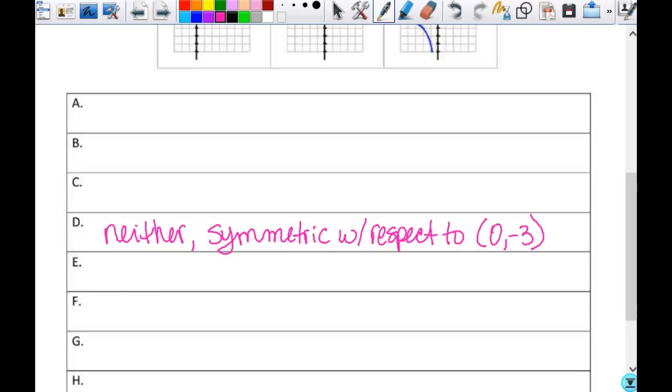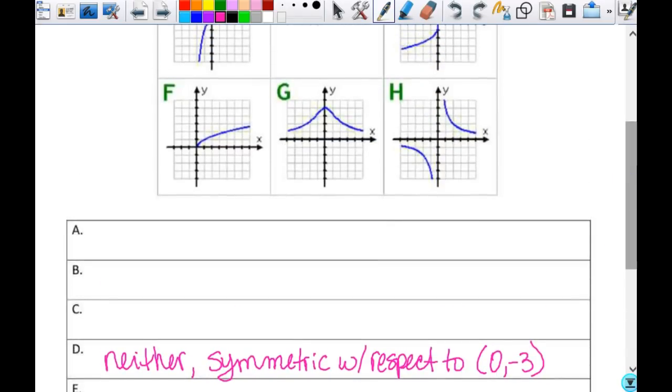All right, so the last one I want to look at is H. So do you think that one is even, odd, or neither? Okay, so it has rotational symmetry. It does not have reflectional symmetry, so I know it can't be even. It does have rotational symmetry. What is the center of rotation? The origin.